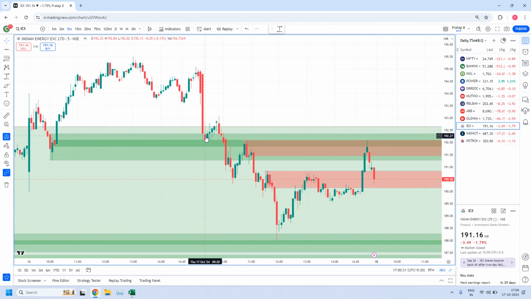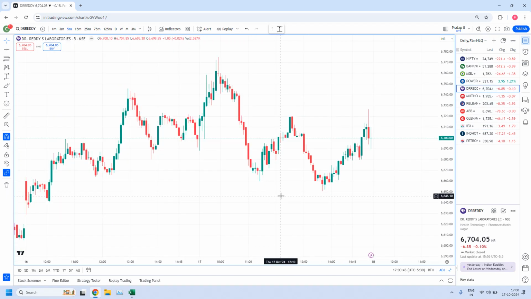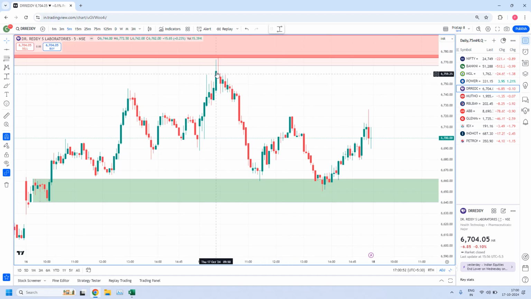And when this trade happened, the violated trade, morning 9:20 candle. And when you took a Dr. Reddy trade, 9:55 candle. See here, 9:55.